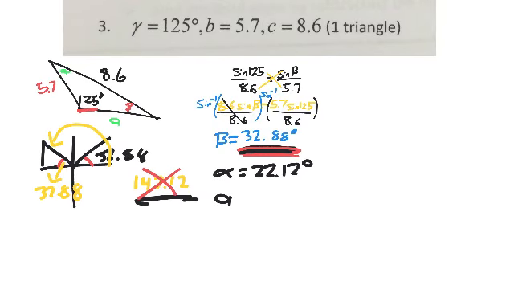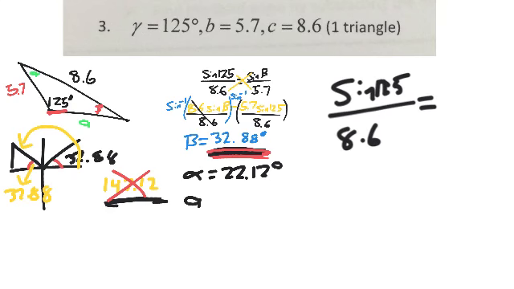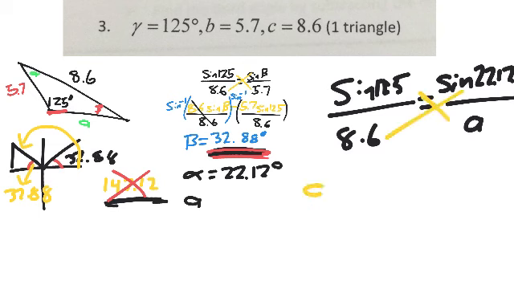So I go back to that same pivot ratio. I've got sine of 125 over 8.6 equals sine of alpha, which I now know alpha is 22.12, over A. Now we solve for A. So I've got A times sine of 125 equals 8.6 sine of 22.12.